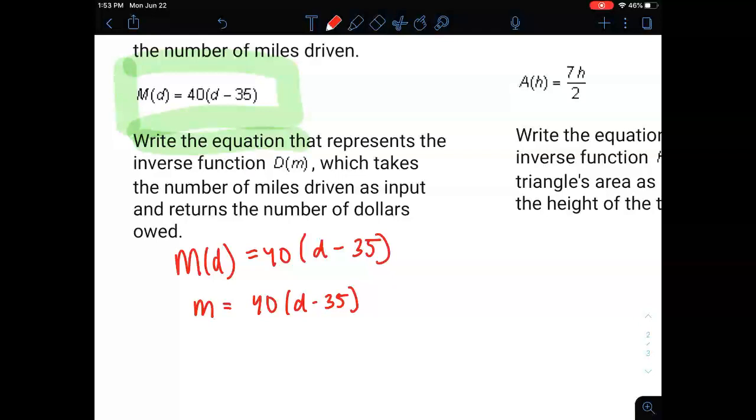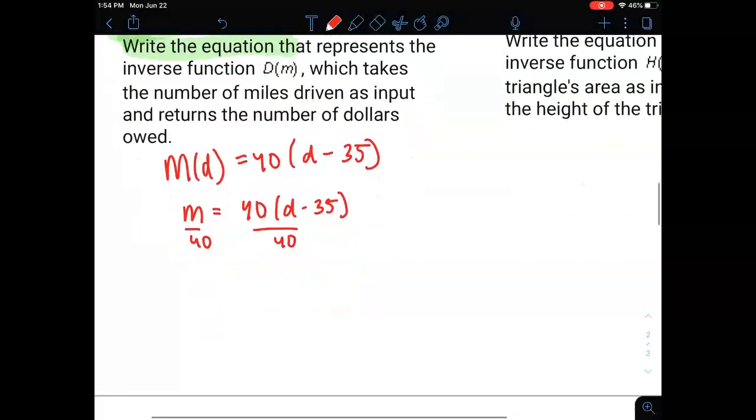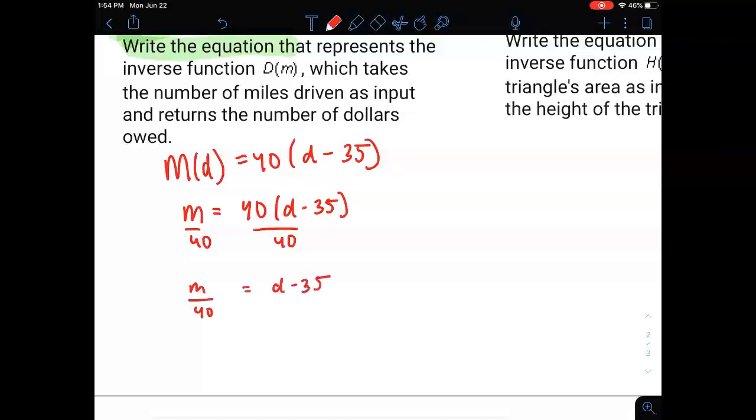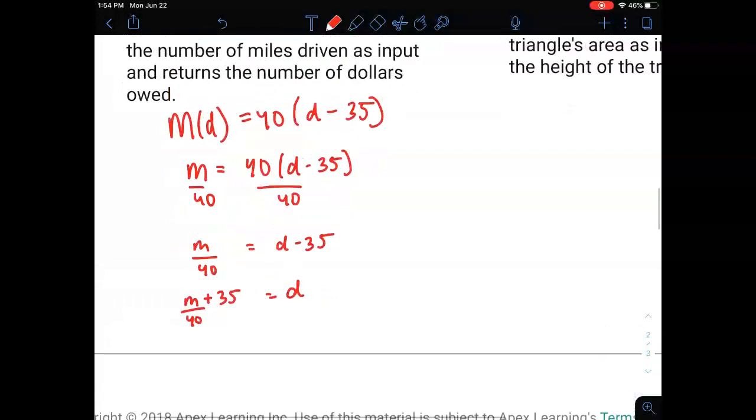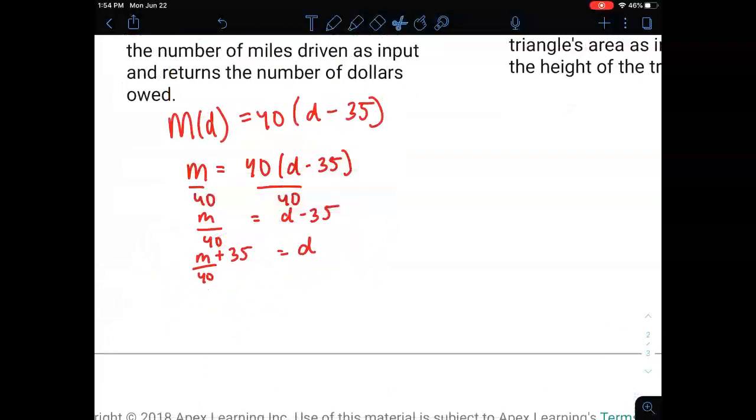All right, so we're going to divide both sides by 40. So I'm left with m over 40 equals d minus 35. Right, then I'm going to add 35 to both sides to get d by itself. Right, and then I know it's just a formality, but we still need to make sure we put d on the other side. d is equal to m over 40 plus 35.